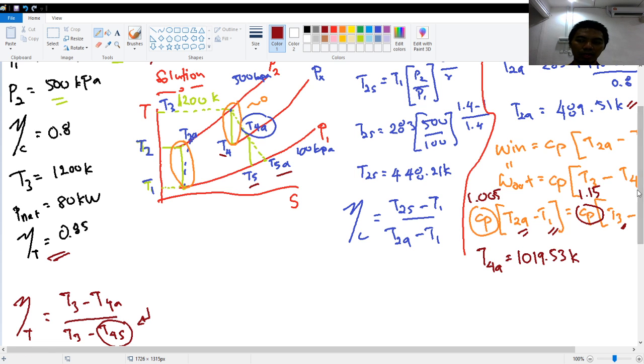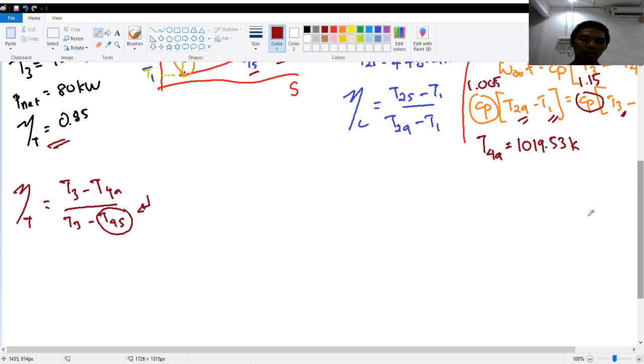Then you can rearrange back and make the T4S your main subject. You got the T3, you already got the T4A. You can find the T4S. So for my answer scheme, your T4S is supposedly to be 987.68 K. Okay.